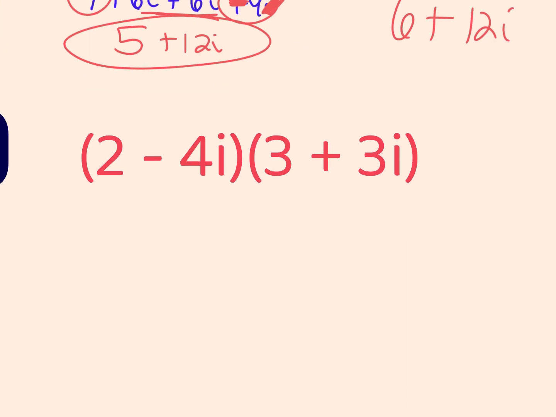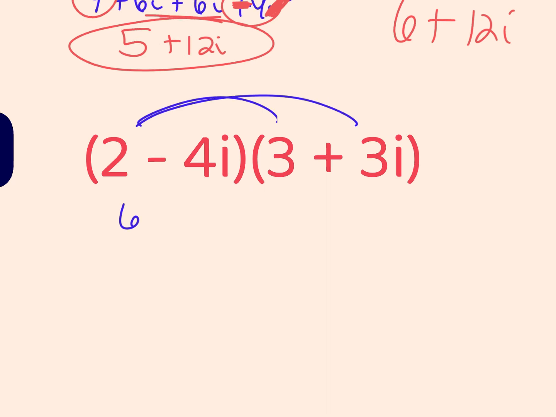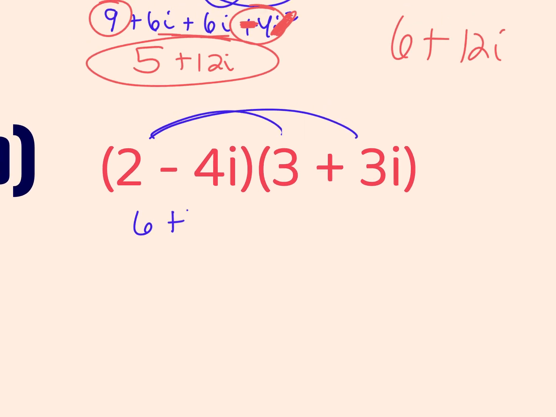All right, what are we doing here? Adding, subtracting, or multiplying? We're multiplying. Why are we hesitating, guys? It's 2 parentheses stuck together. 2 times 3 is 6. 2 times 3i, plus 6i. Negative 4i times 3, negative 12i, good.